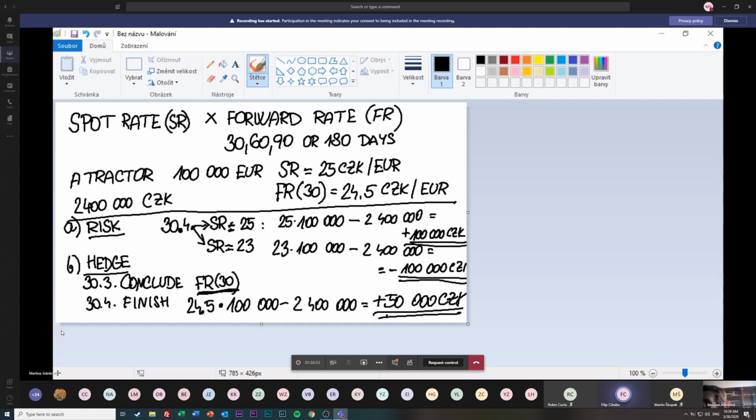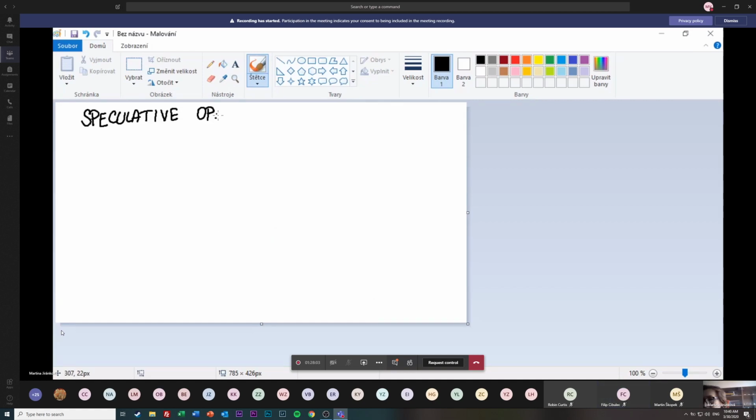So please write that the investors in speculative operations are using the change in the exchange rate in time. In case of arbitrage, there were different places. Now there are 2 different points in time. So let's have a look here.